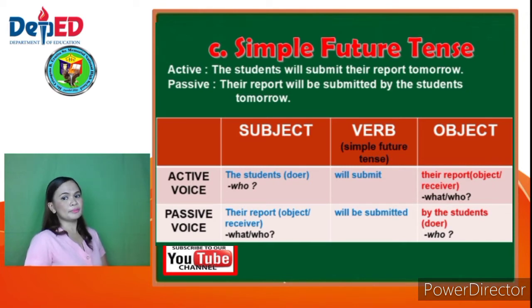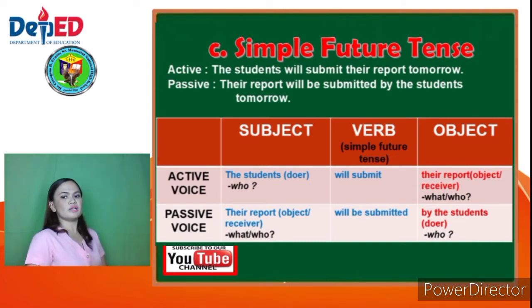Note how the verbs are used in the active voice and passive voice. In active voice, the verb will submit is in simple future tense as indicated by the time expression tomorrow, which is not yet happening. In passive voice, will plus be is used together with the past participle form of the verb submitted.